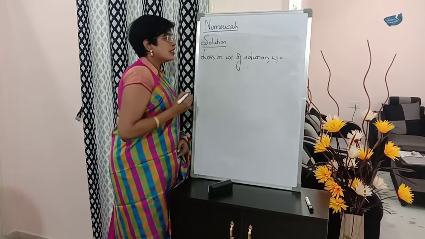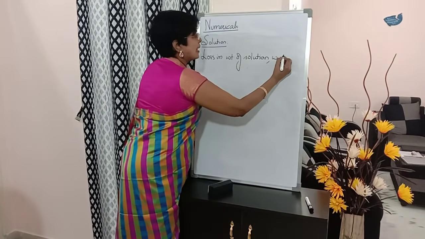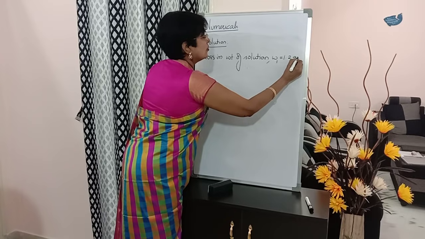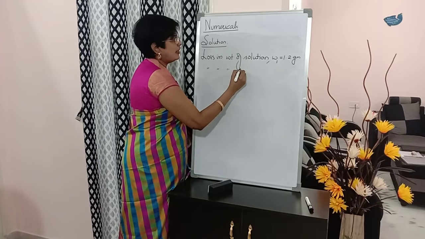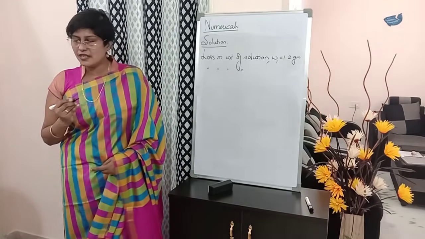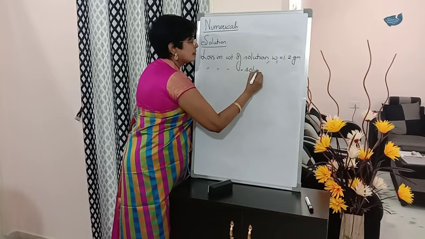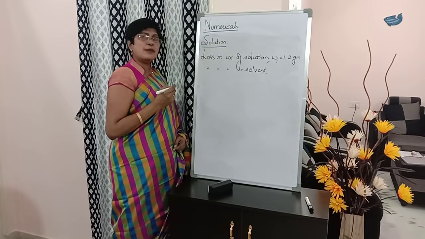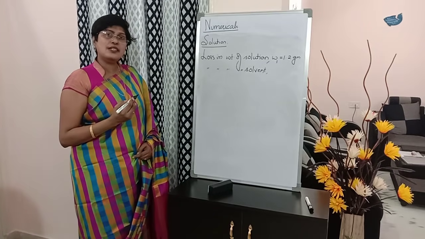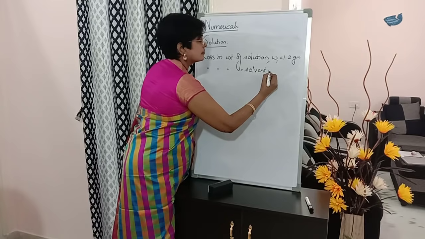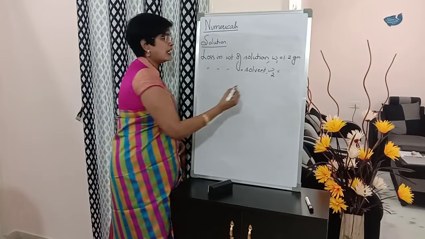How much is given? Check the problem: loss in weight of solution is 1.2 grams. Write it down. Next, loss in weight of pure water, that is solvent. In the experimental determination, we took this as the loss in weight of bulb B, and we denoted it with W2. How much is given, students? 0.05 grams. Write down here.